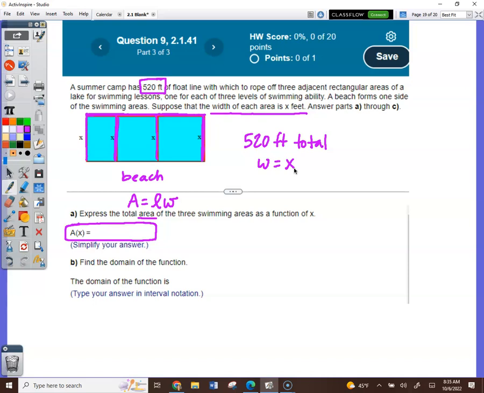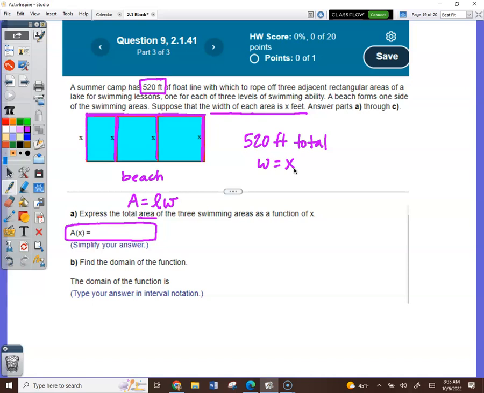So you have 520 total, right? Okay, and if you subtract off what's been used in the width, it's going to reduce the 520. Would you agree? Okay, and we're just multiplying by the length and the width, right?